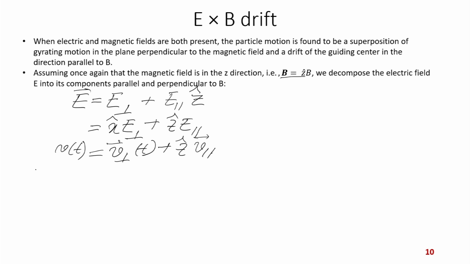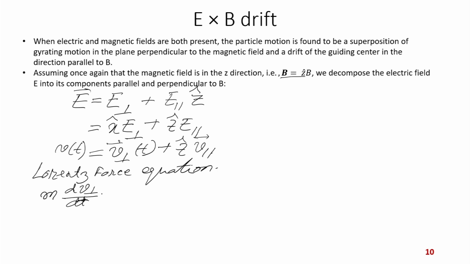Okay. So, now the Lorentz force equation, or the equation of motion of the particle, we can write here: m dv/dt is equal to q times E perpendicular plus E parallel, plus v cross B. There are two components.